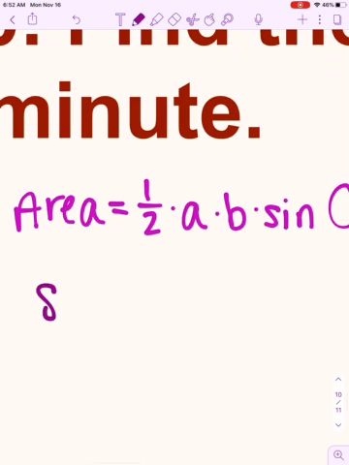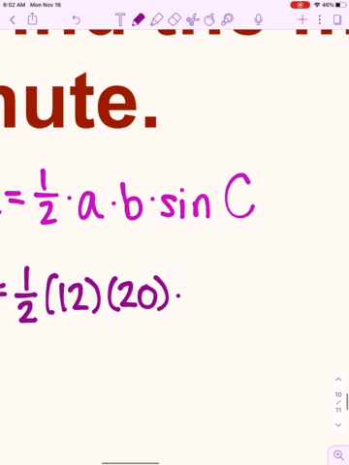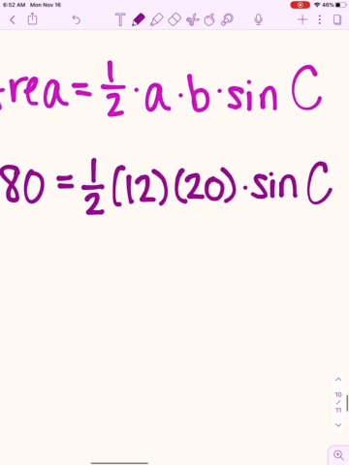We know that the area is 80, so this time you know the answer. So 80 equals 1/2. Little a is 12, side b is 20, and we do not know angle C, so just times the sine of C.